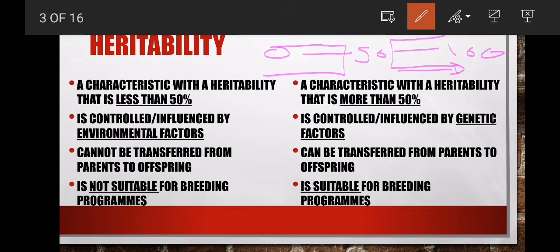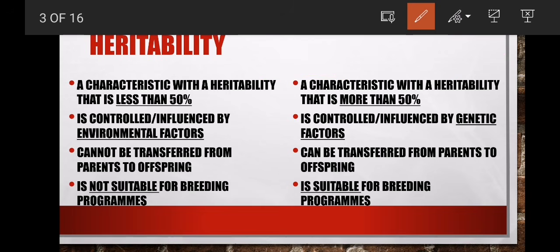In some cases, good people, we will look at some of the questions. You will find that they give you characteristics. Let us say this is characteristic A. Characteristic A has a heritability of 38%. Then you have characteristic B, which has a heritability of 86%.